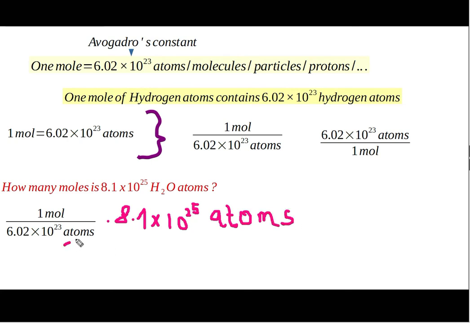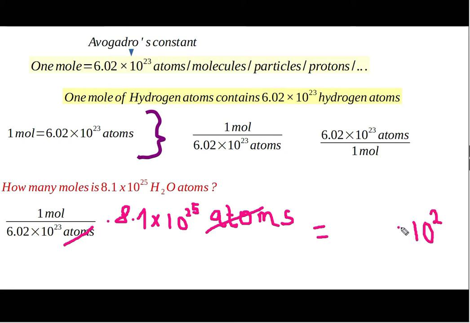Now the atoms cancel each other, and now I have to resolve this. I have to put 8.1 divided by 6.02. The 10 raised to 25 and the 10 raised to 23 I can easily do, because if 10 raised to 25 is divided by 10 raised to 23, we just subtract the exponents. So we have 10 raised to 2 here.